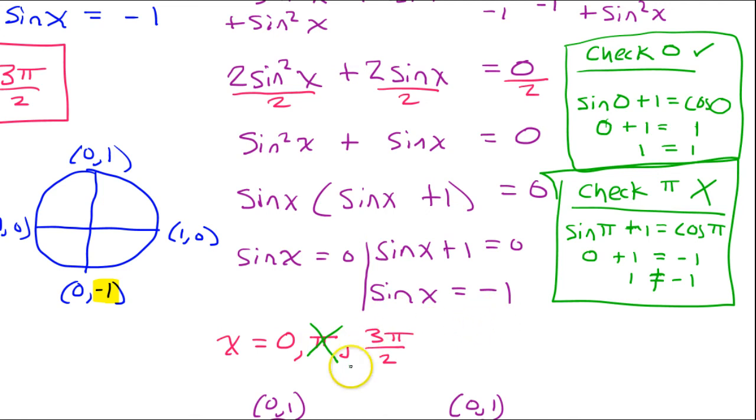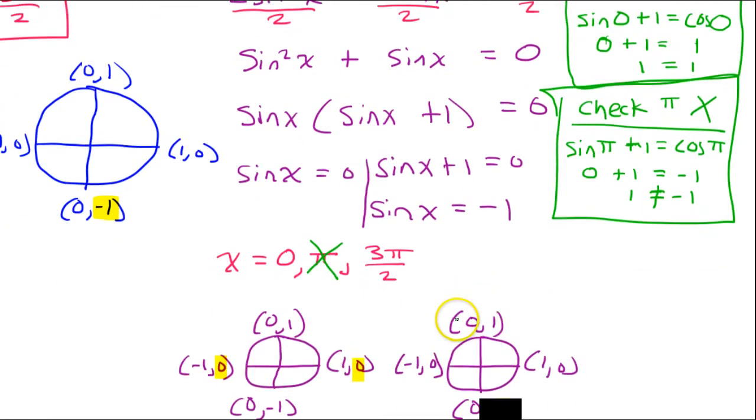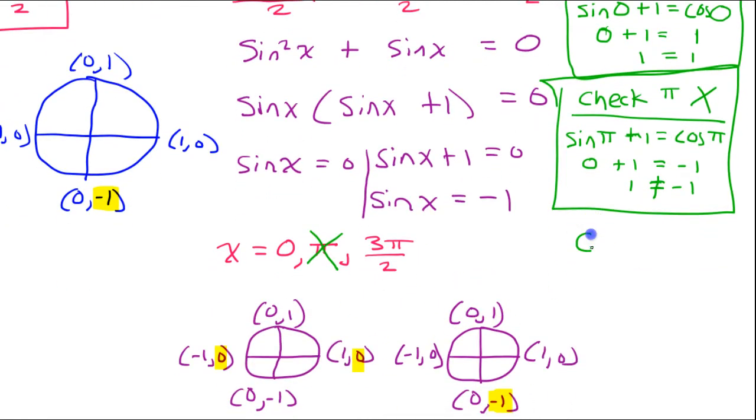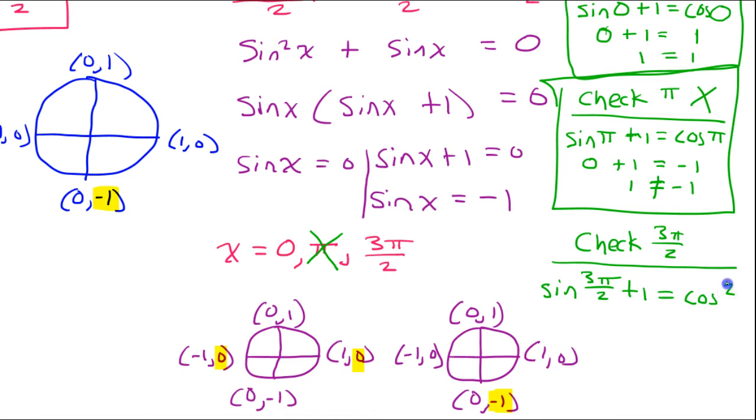Okay, so let's check one more. Let's check 3 pi over 2. So we're going to check 3 pi over 2 and see how that goes. So once again, that means we will have sine 3 pi over 2 plus 1 equals cosine of 3 pi over 2.